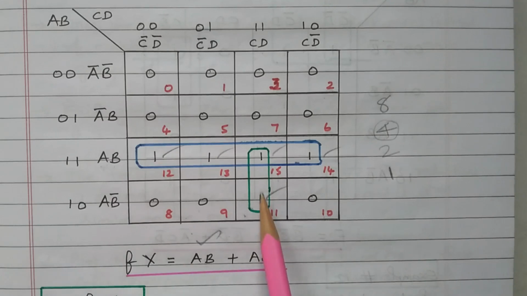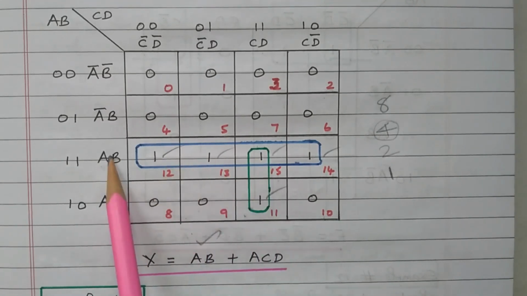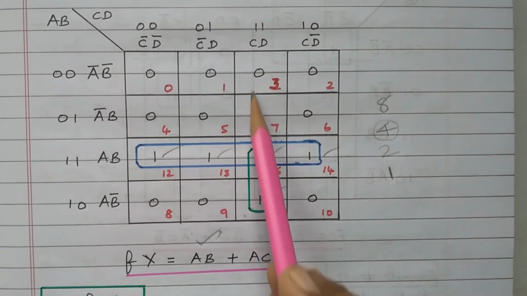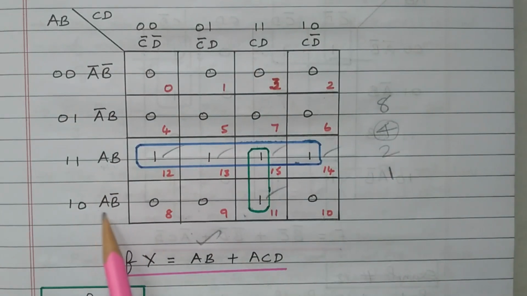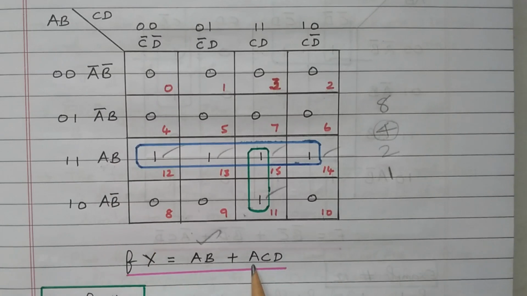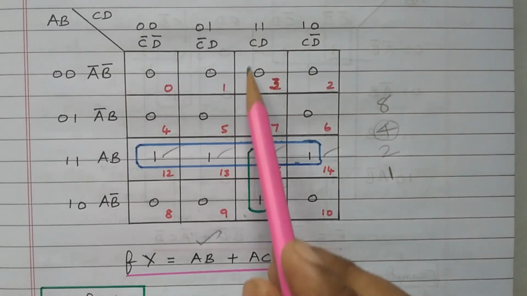Then we'll see the grouping of these 2 cells. While grouping these 2 cells, we have to refer to the corresponding terms. On the row side, these 2 terms, A B bar, right? Similarly, on the vertical side, we have to refer to CD. A B bar: this B bar got cancelled, only we have A. Then on the vertical side we have CD.